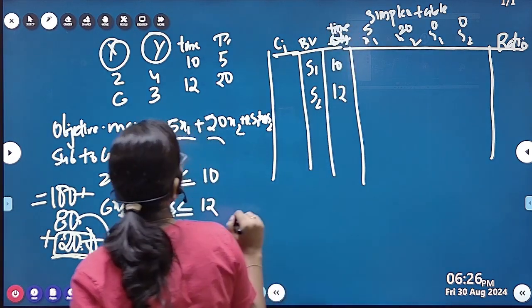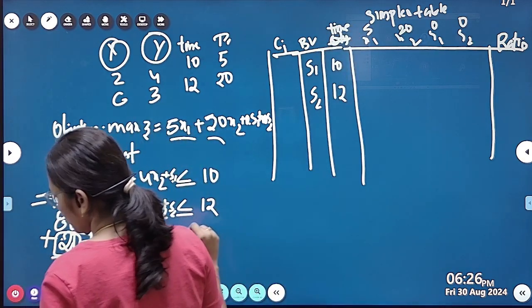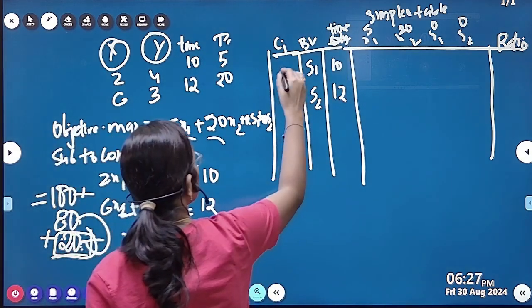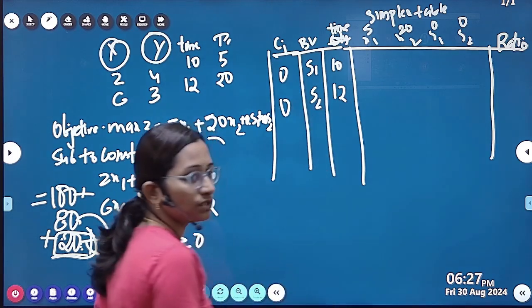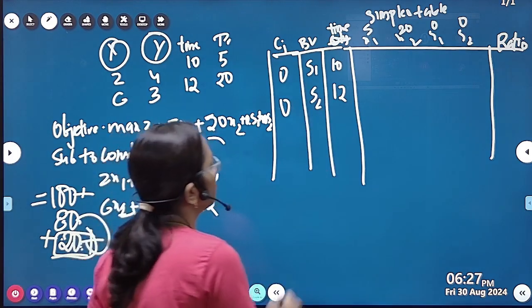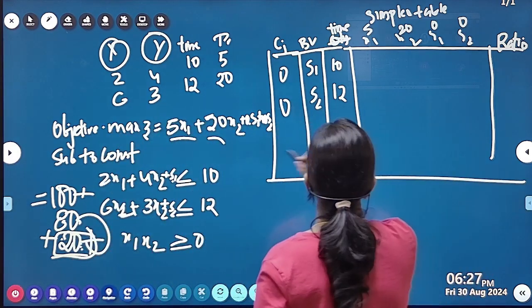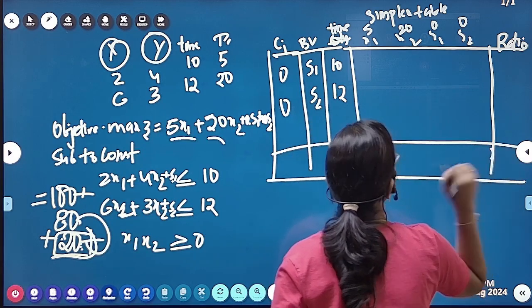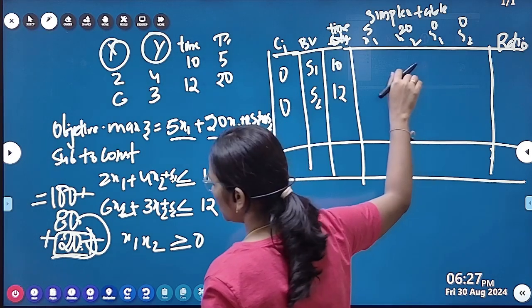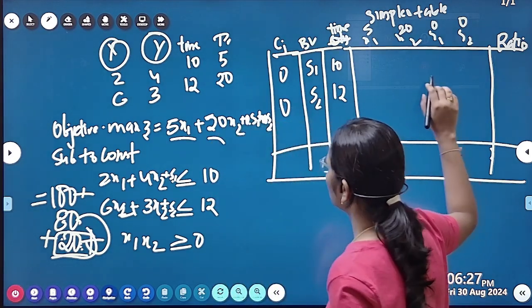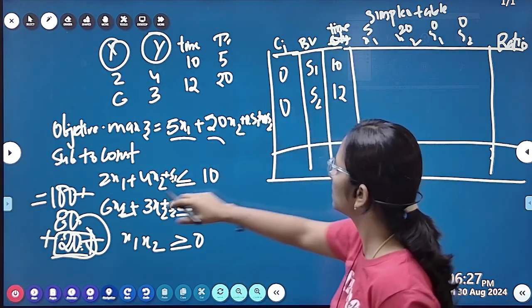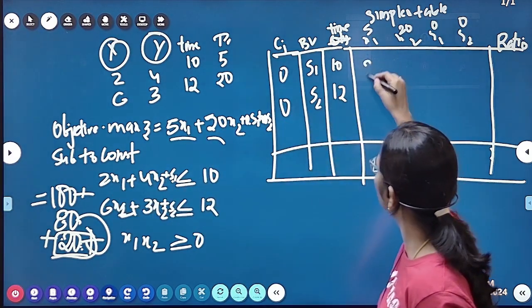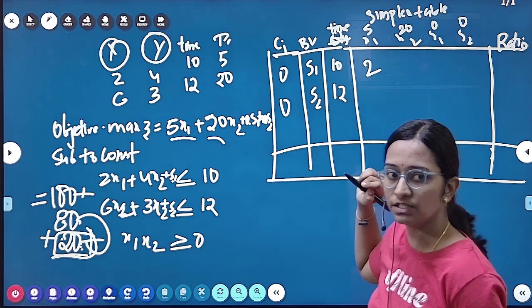Okay, next. What is this Cj? Cj as 0, the value of S1 is 0, 0, right? Now tell me for S1, what are the values in the first equation? 2, x1 is 2, right, in the first equation.